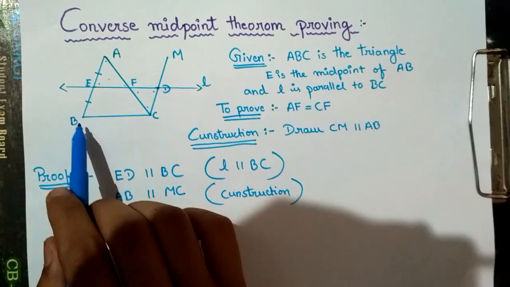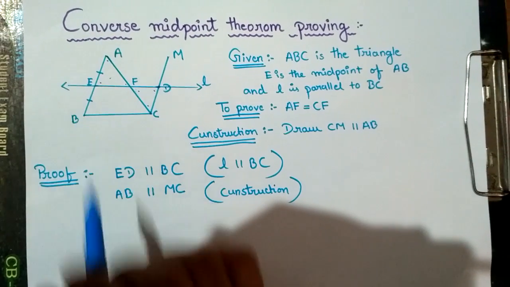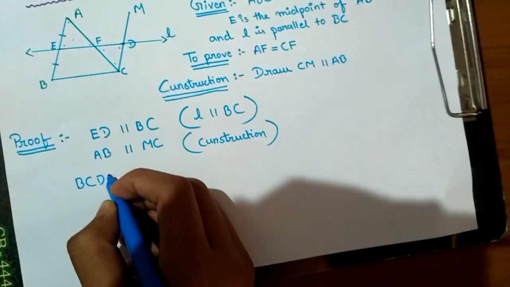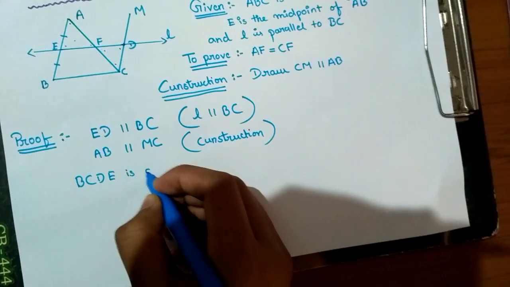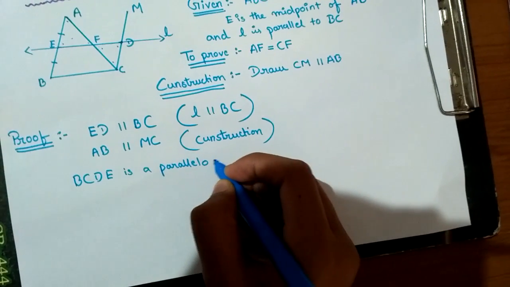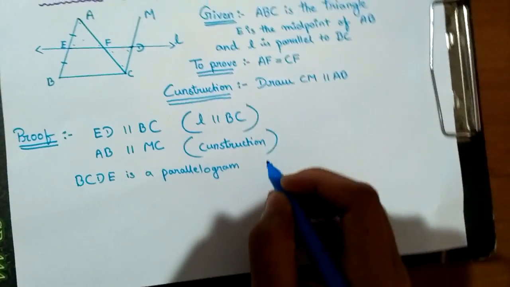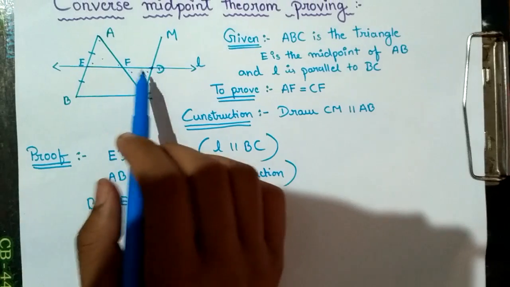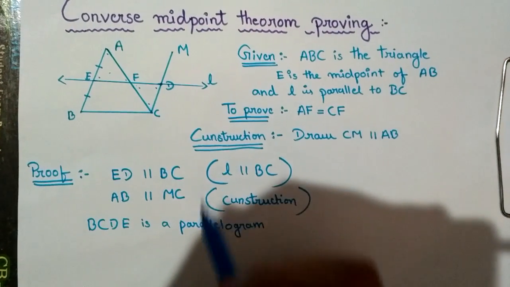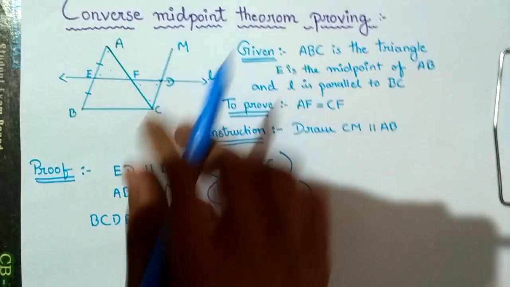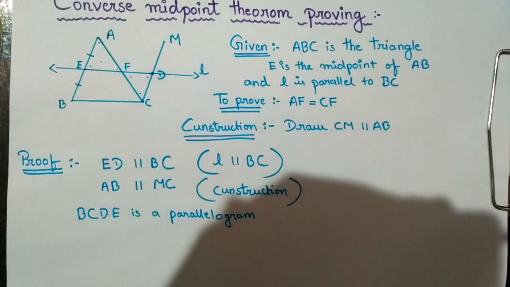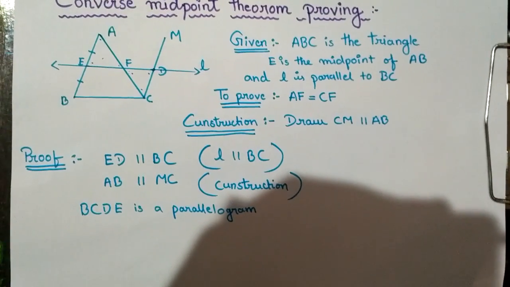So BCDE is a parallelogram now. As both the pairs of opposite sides are parallel, BCDE is a parallelogram. We can see here EB is parallel to DC and ED is parallel to BC.